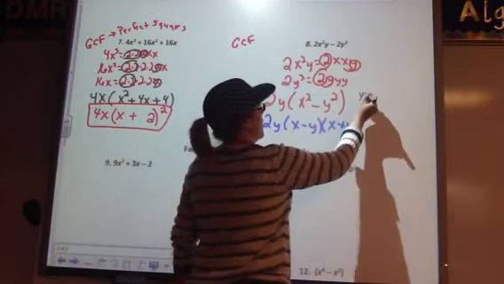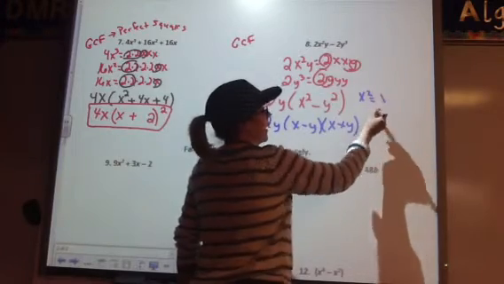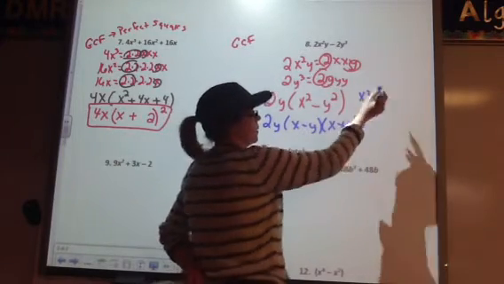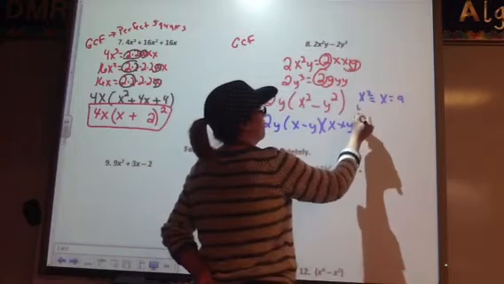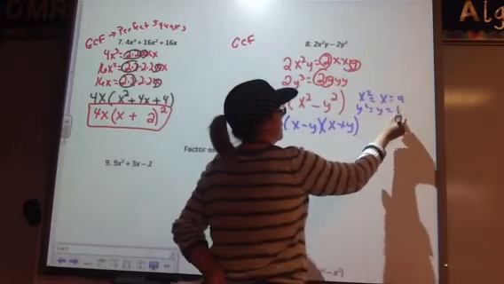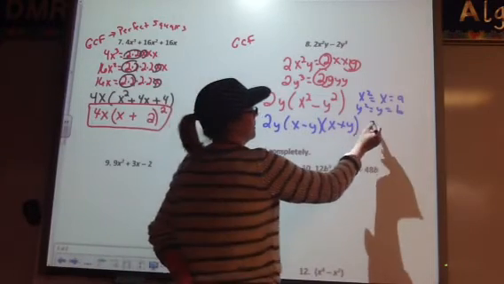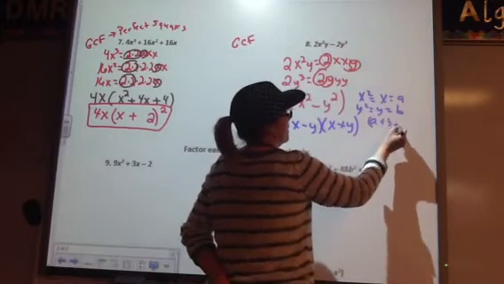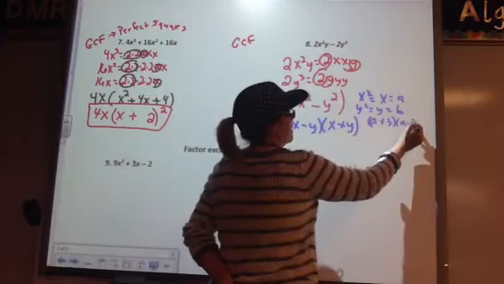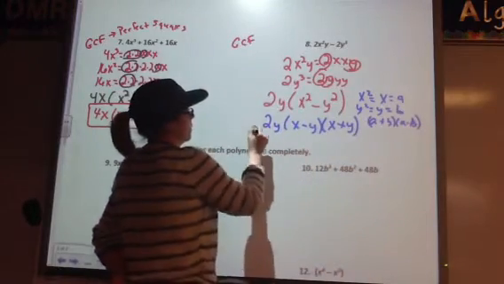Because x squared, when you take the square root of that, there's your a, and for y, there's your b. And remember it's a plus b and a minus b. So here's our final answer.